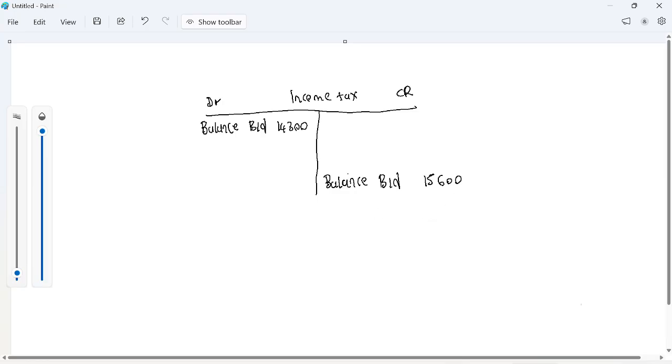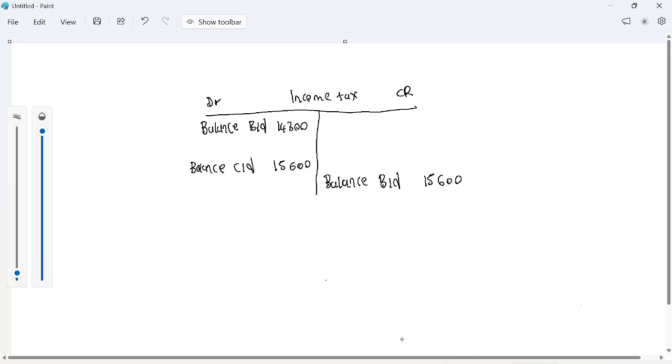Right now, remember guys, if I have a balance brought down, it means before it was a balance carried down. So I'm going to say balance carried down of 15,600. Right now, my income tax will always be on the credit side, right? Because that's the amount that you owe SARS, right?